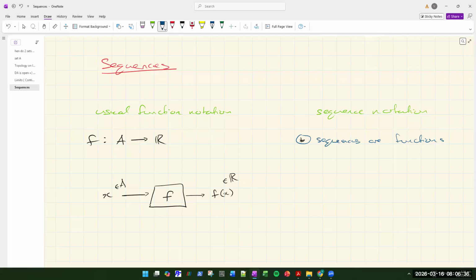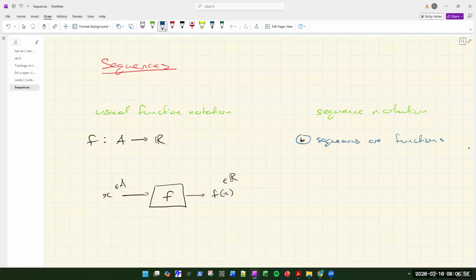So here's where things become different. In the usual function notation, the name of the function was f. So you all know you can name functions f, g, h, sine, cosine, right? All of those are names of functions.